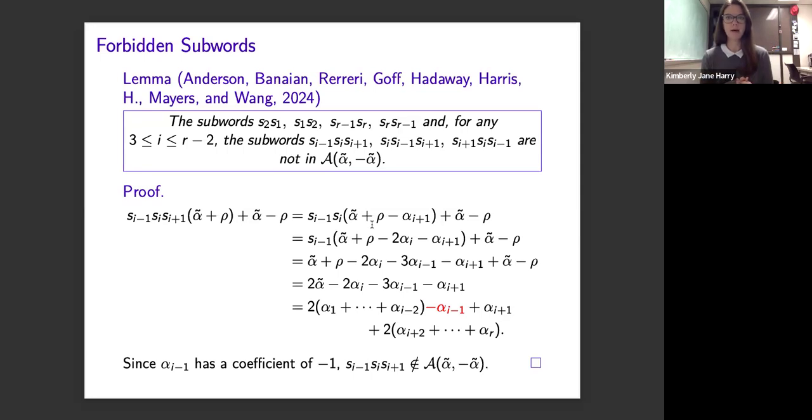In type A, when I'm adding up all of my positive roots, there are no coefficients in front of those alphas, whereas in type B, we can see our positive roots having something in front of them. I think B has a coefficient of 2 in some of the roots.